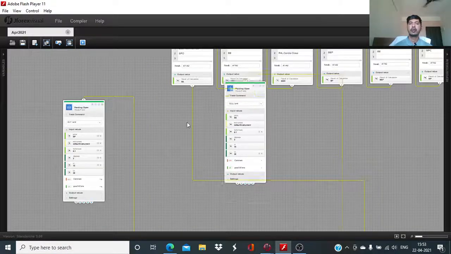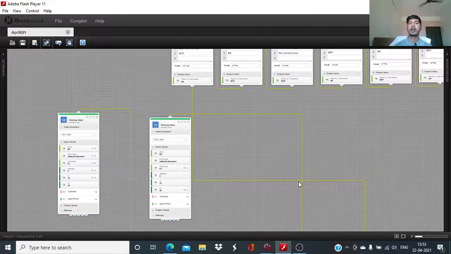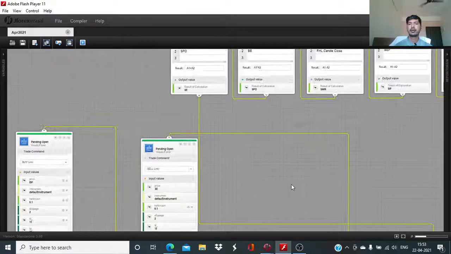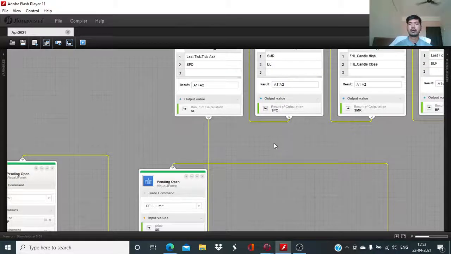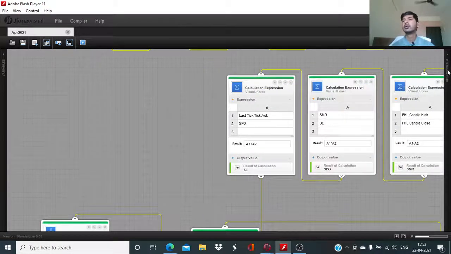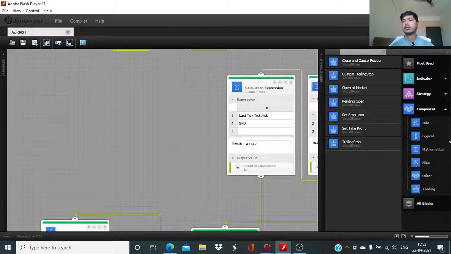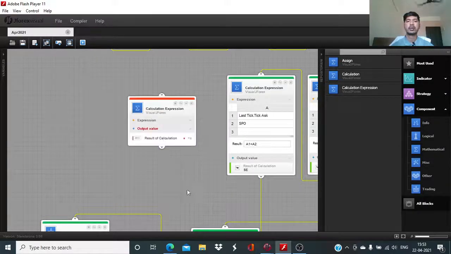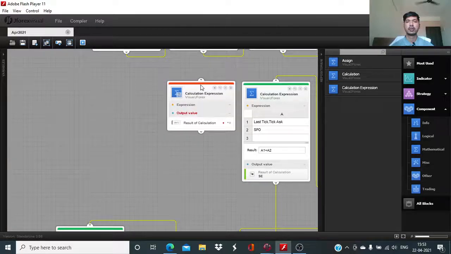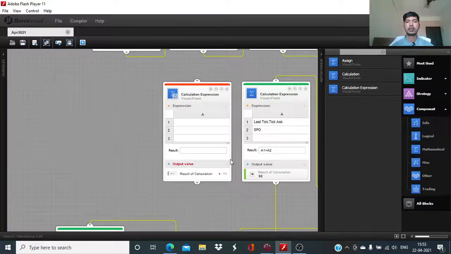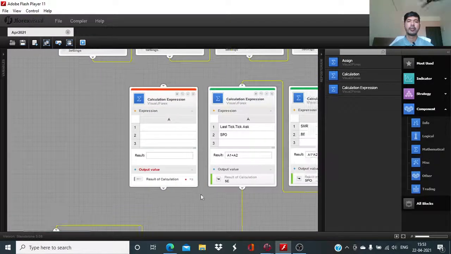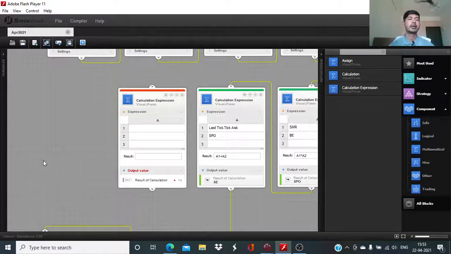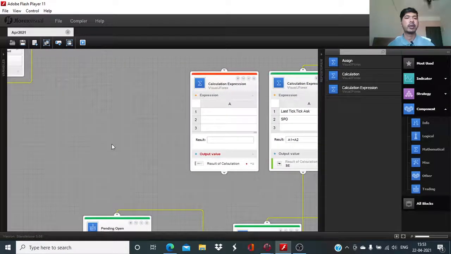For that, a new calculation expression block will need to be added, and it is pretty simple to define.